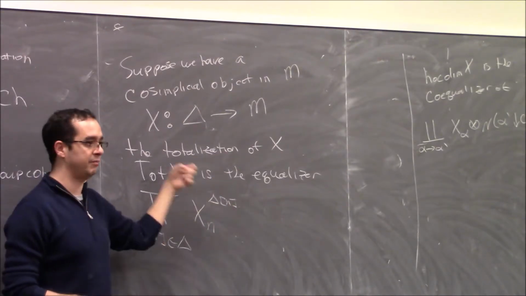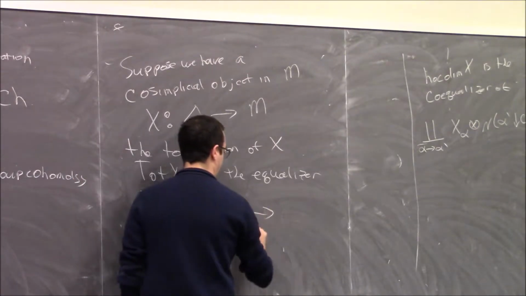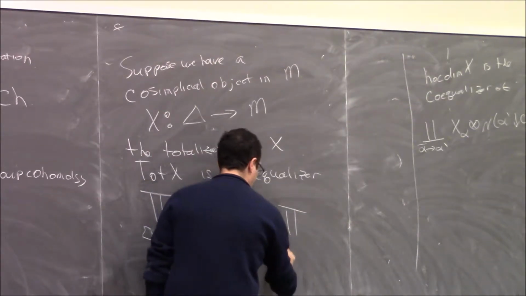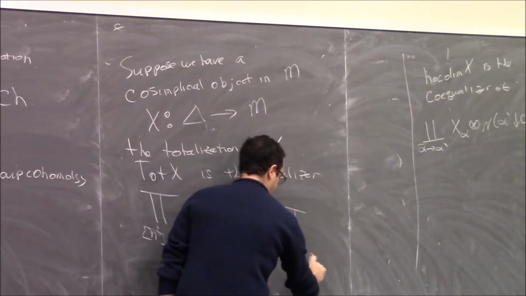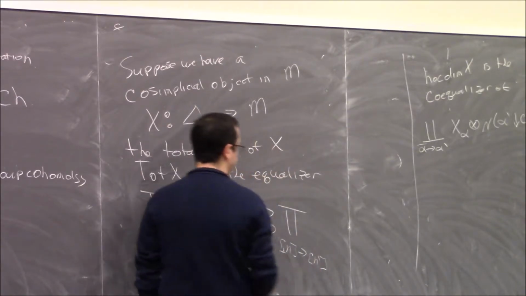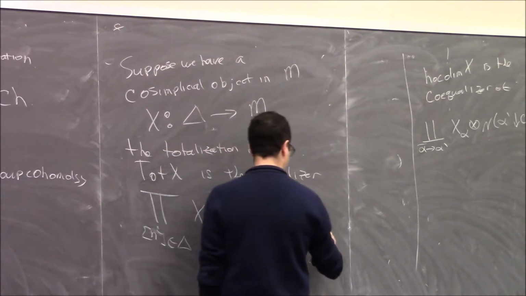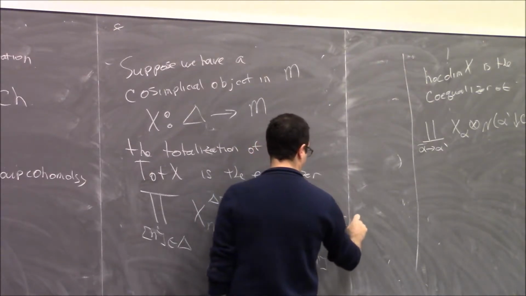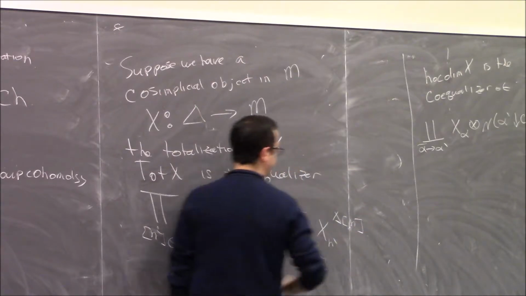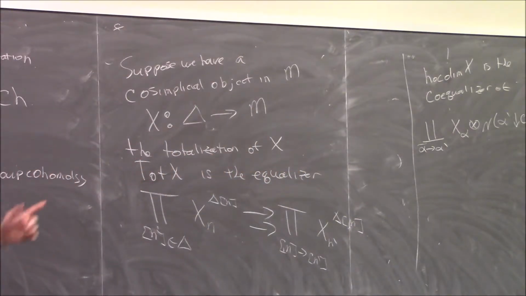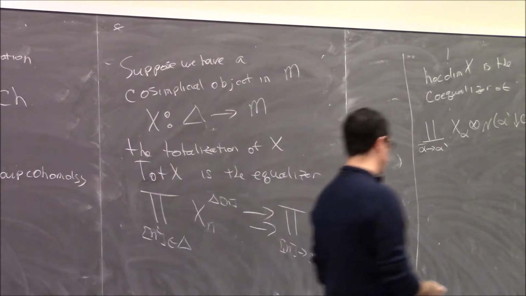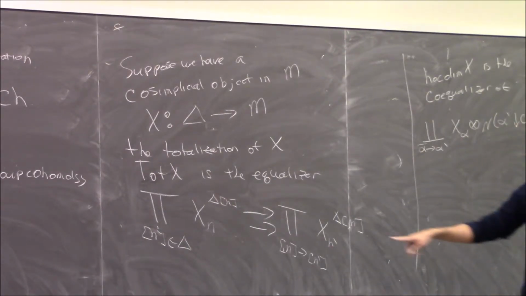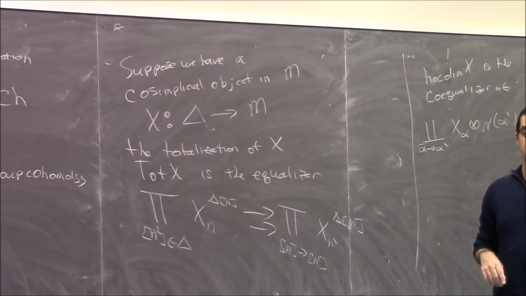That's still a simplicial set. Put that in. And then for every map, we get a functor like this.